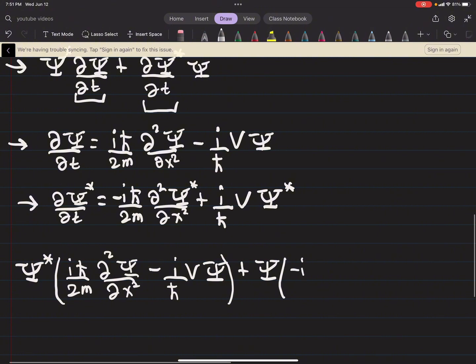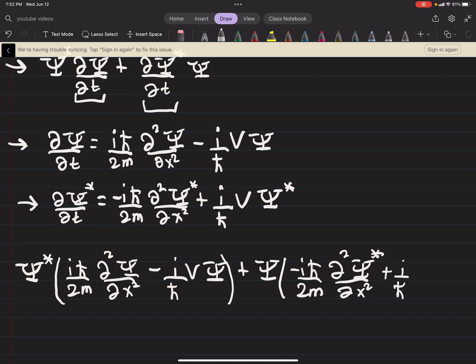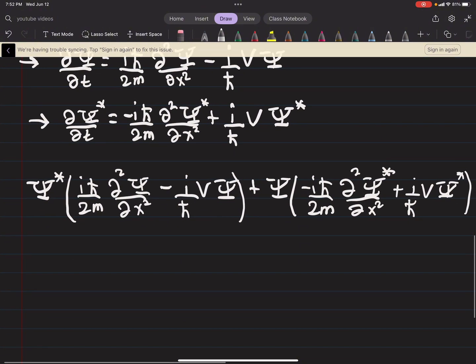So that's minus i h bar over 2m, the second derivative of psi star with respect to position, plus i over h bar V psi star.